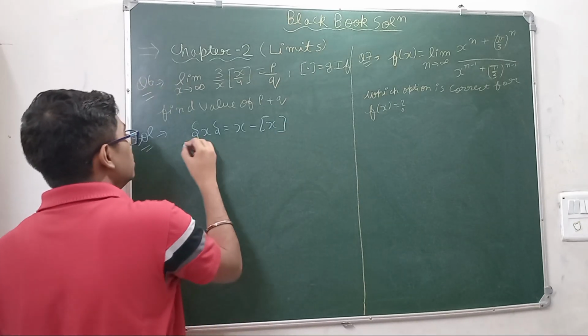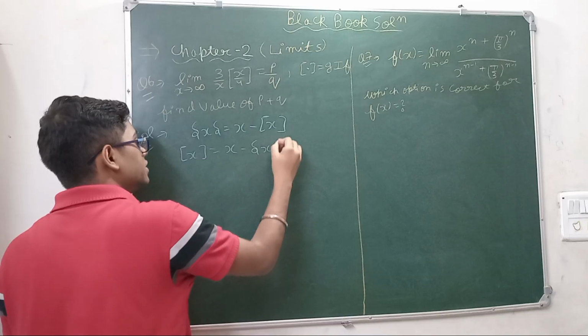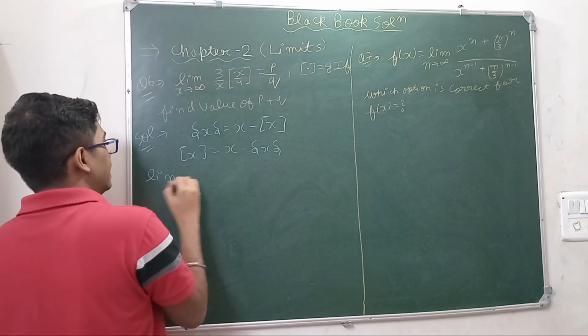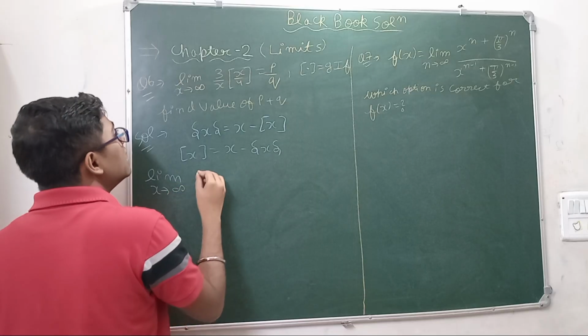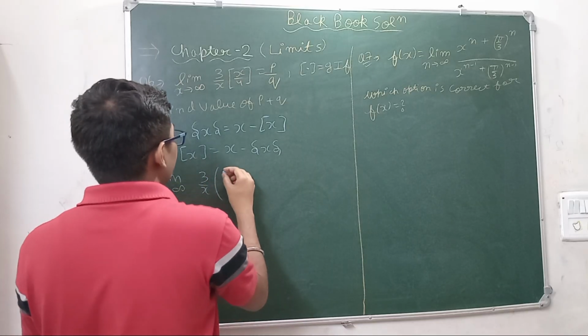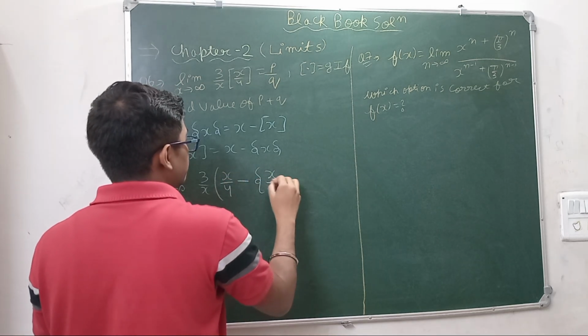Just substitute here limit x tending to infinity, and 3 by x, and this will become x by 4 minus greatest integer of x by 4.